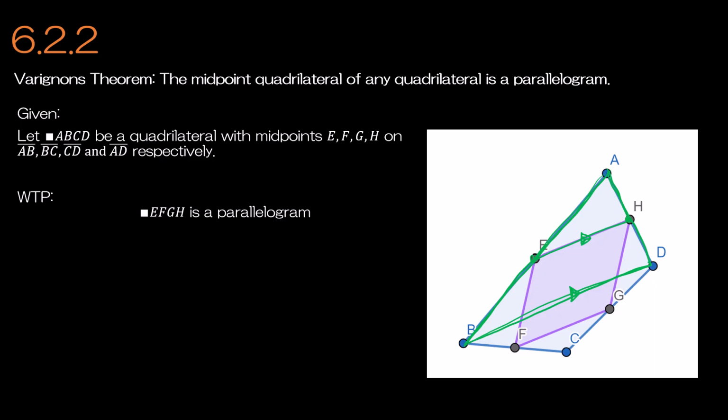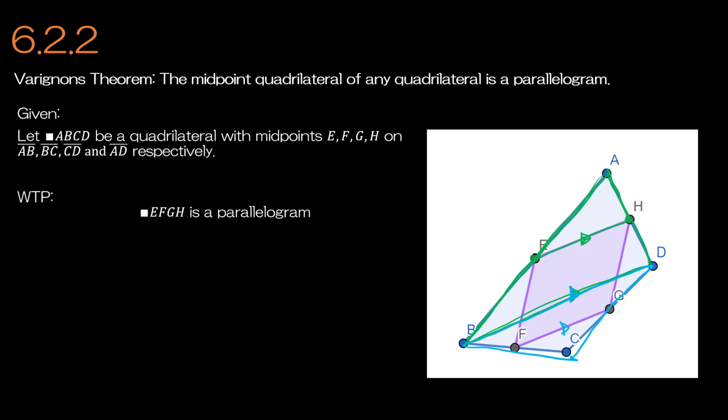In the exact same way, if I look at triangle BDC, I can show that FG is parallel to BD. So obviously, I can say that EH is parallel to FG.